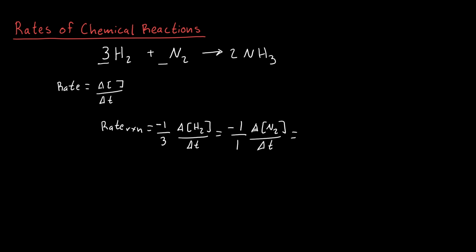Then for the products, since we're forming the products, we don't need the negative sign. And since the coefficient is 2, we put 2 in the denominator. And then we write the concentration of NH3 divided by the change in time. And since here we're accounting for the coefficients in the reaction, all of these should be the same.